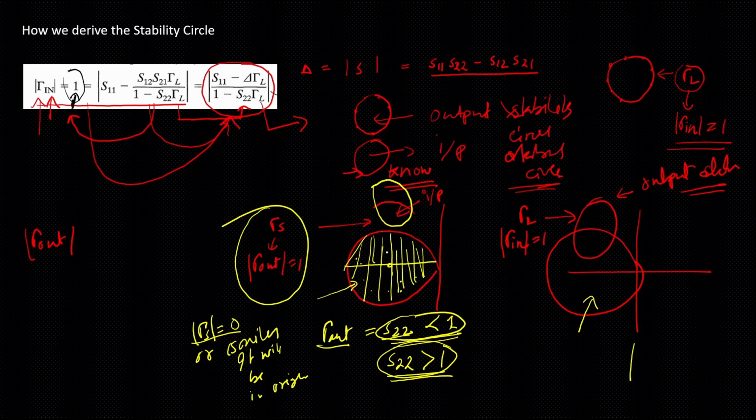That means I can select any gamma S. So for S22 less than 1, the condition for unconditional stability is that CS, which is the center of your input stability circle, minus your radius, in magnitude should be more than 1, because from here to here it is 1.